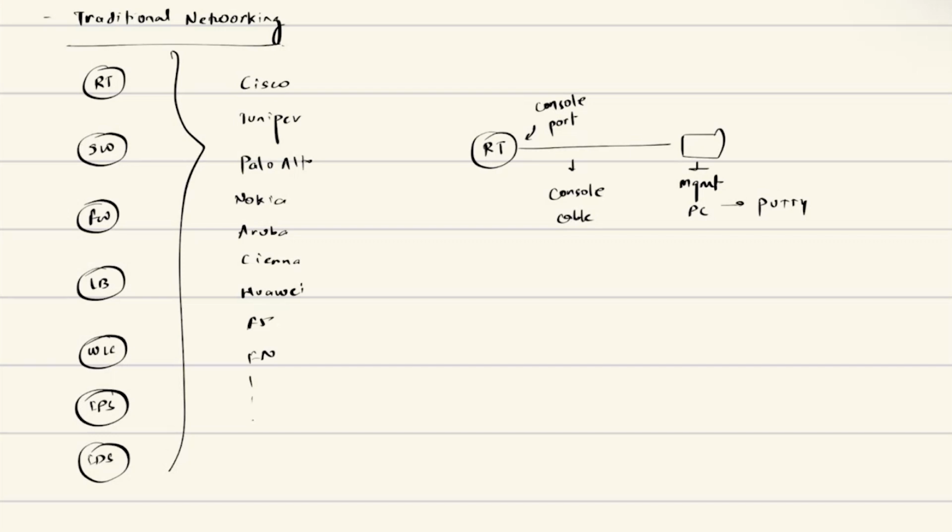But this is not the only way, right? You cannot really go and communicate with every single device and enter the commands by connecting to that device physically. It becomes tedious, specifically when we think about medium or large scale infrastructure as of today. So what you can do is expose that particular device over the network.